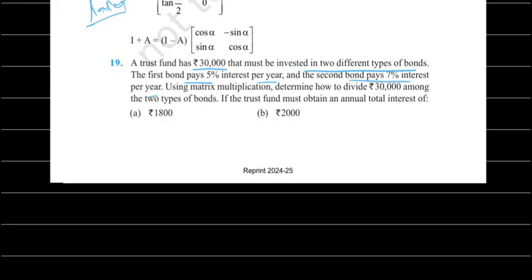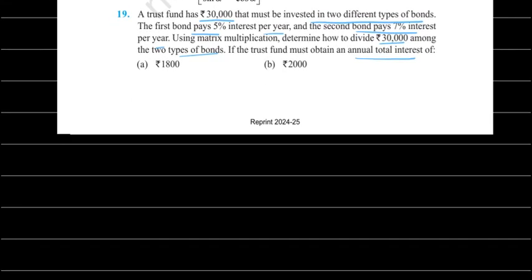Using matrix multiplication, determine how to divide this 30,000 among the two types of bond if the trust fund must obtain an annual total interest of 1800. What are they given now? In one trust fund, there is a fund of 30,000, but it has been classified into two things: the first bond and the second bond.